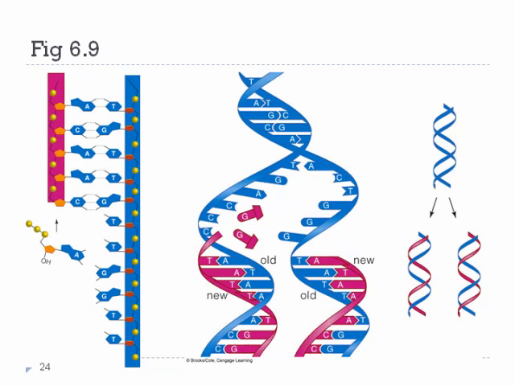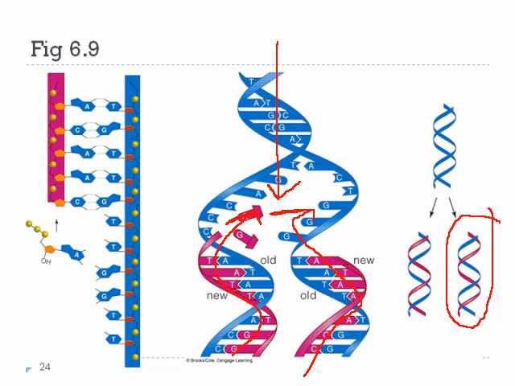And so there's a couple of other figures that are showing you this exact same thing. So we had to unwind the DNA. Here we had to unwind the DNA to fill in these new strands. It's called the semi-conservative model of replication because it ends up with one strand being new and one strand being old.